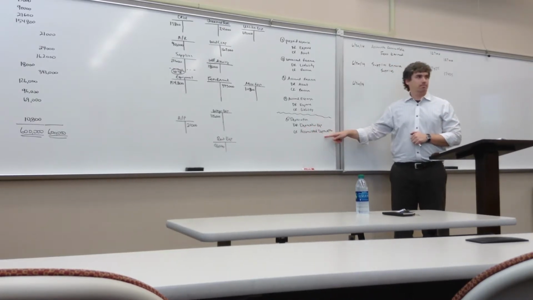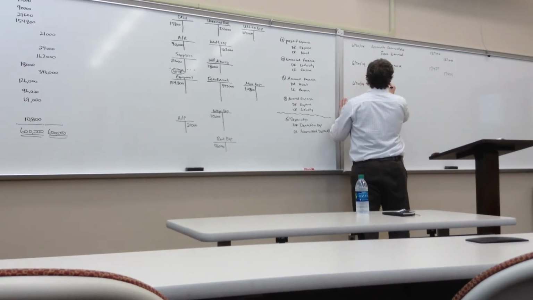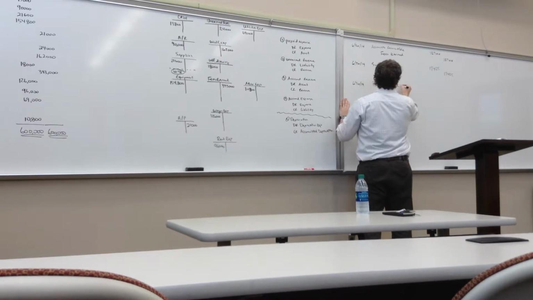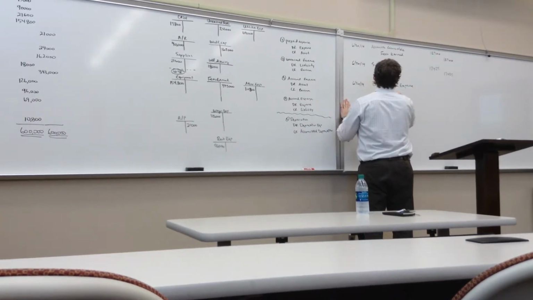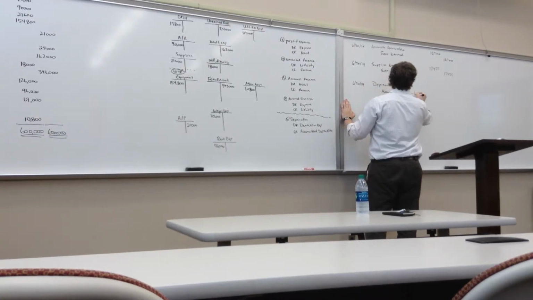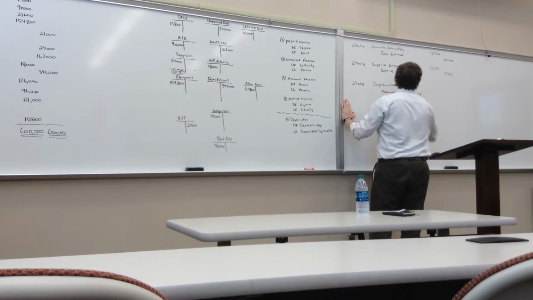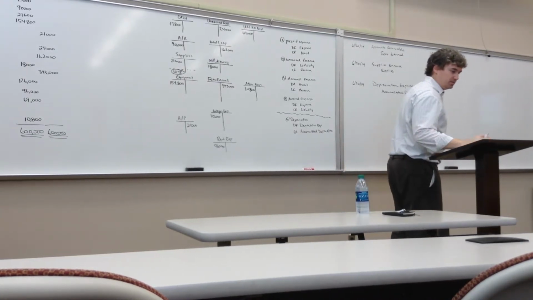I always credit accumulated depreciation. So depreciation expense, I credit accumulated depreciation equipment, and my amount is $7,400.